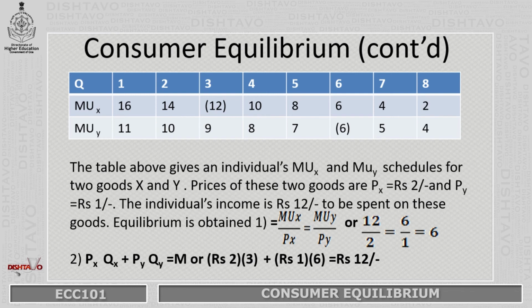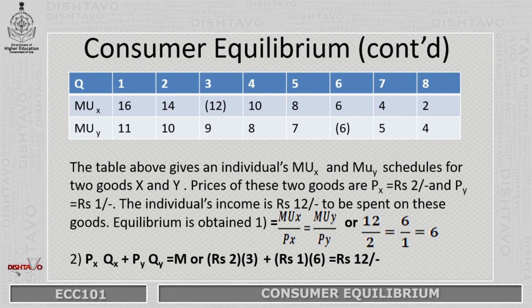Now I have given you a table, and it is to be solved by you as a problem. There are two goods, x and y, and the table above gives the marginal utility of x and marginal utility of y schedules for the two goods. The consumer has a total income of 12 rupees to be spent on x and y.